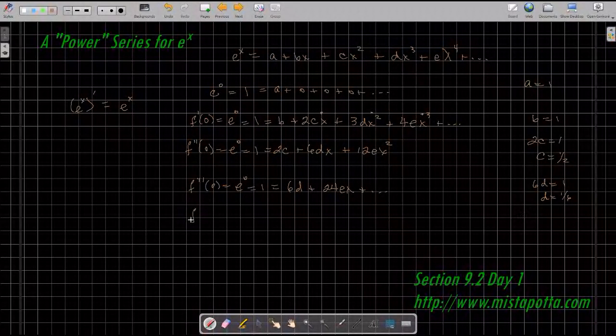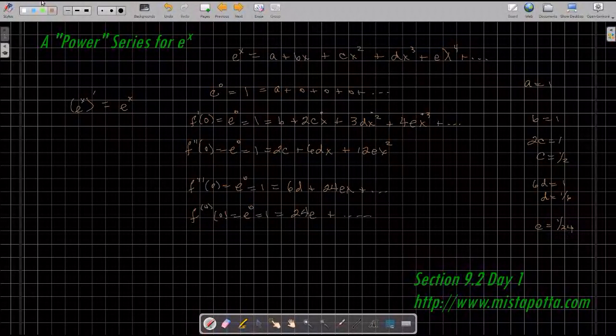I'm going to do one more step. This is my fourth derivative at 0, which is e to the 0, or 1. But this is really equal to 24e plus polynomial terms in x. So e ends up being 1/24.